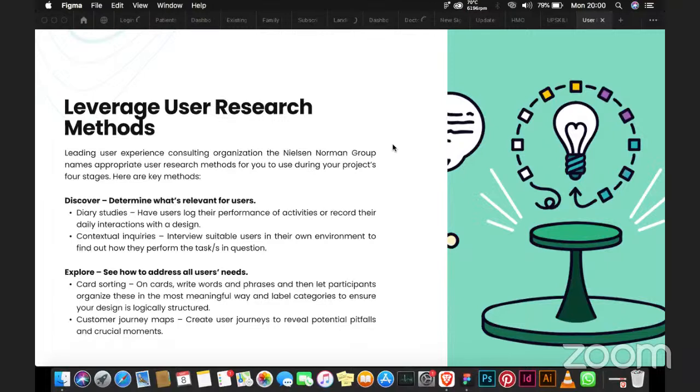Okay. So the next thing you do is to explore, to see how you address your user needs. So how do you explore? You start by card sorting. When we say card sorting, you write out words. For instance, let me keep using Jumia, because everybody is using Jumia.